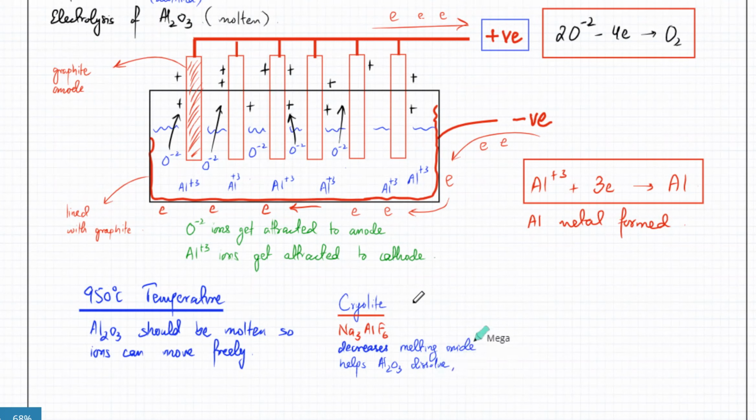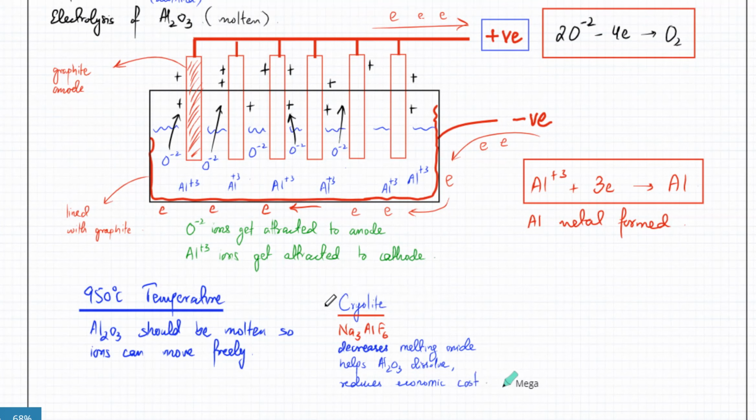So it decreases the melting point and reduces economic cost. So that is the complete detail. They're going to ask you about cryolite. Why do you add that?